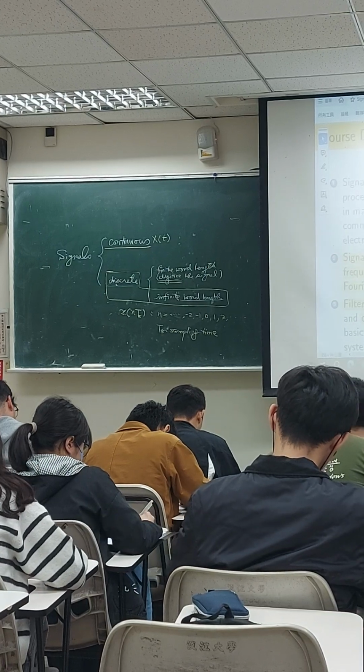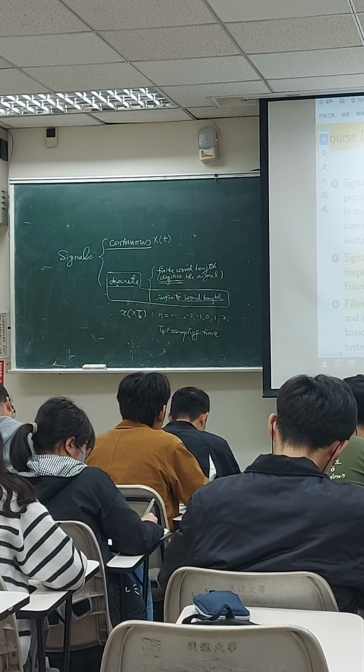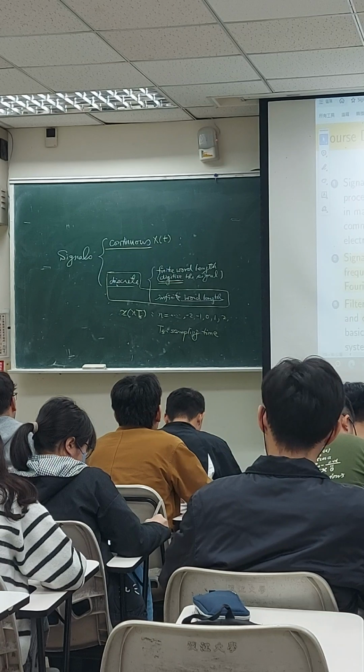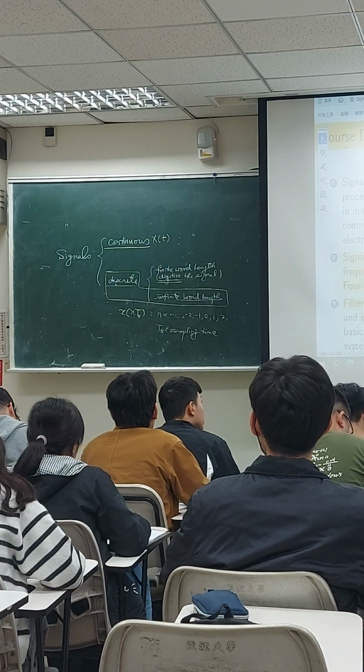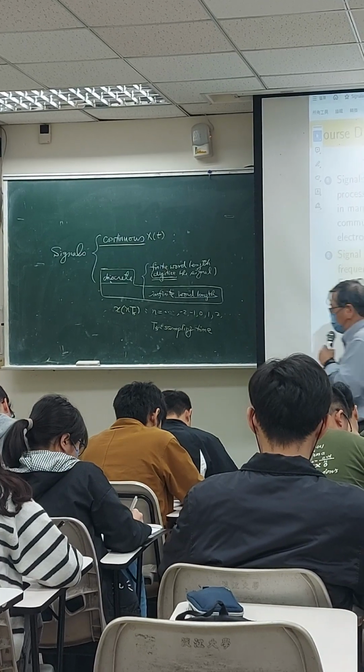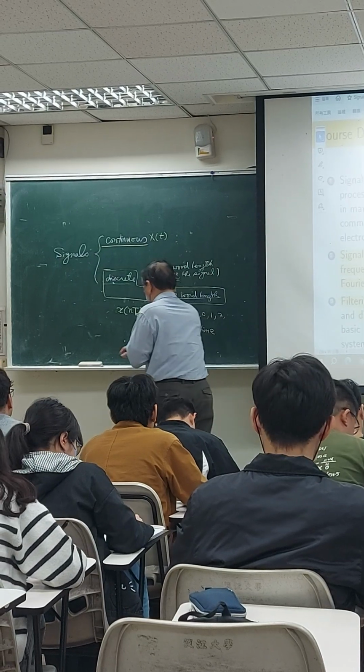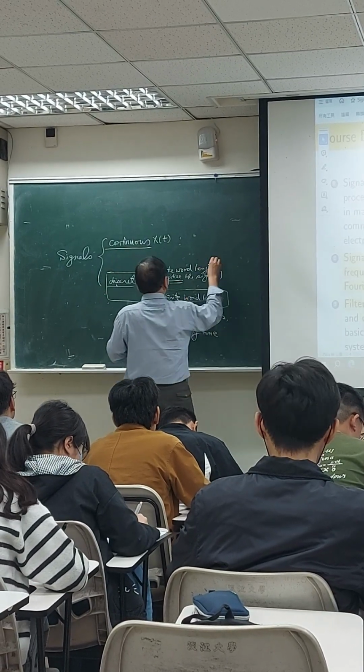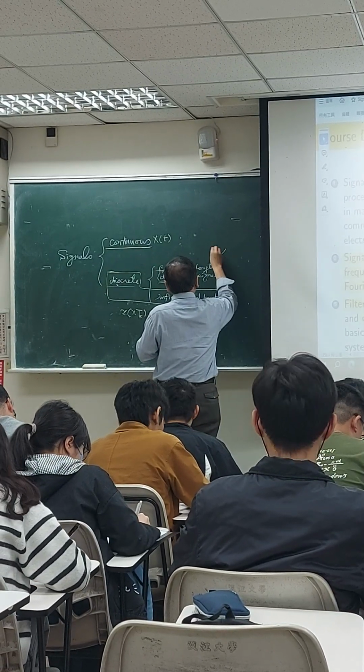Okay? For discrete signal, it can also be divided into two different types. One is with finite word length. This is due to the digitization, okay? Because of the computer.